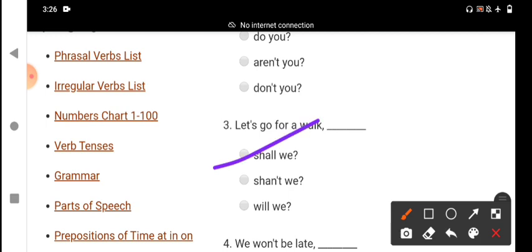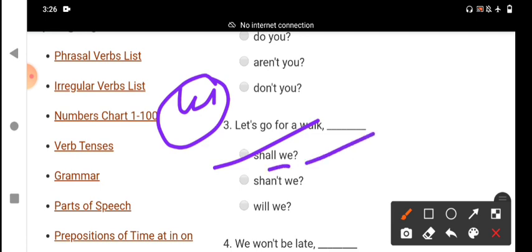If the sentence starts with let's, you should select the right question tag, shall we. Let us: us is the objective pronoun, and we is a subjective pronoun. So for let's go for a walk, we should select shall we. It is the right answer, my dear student.